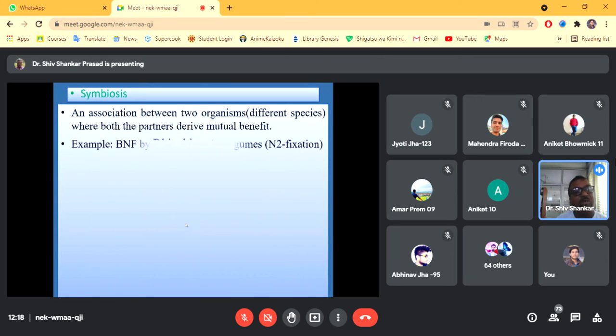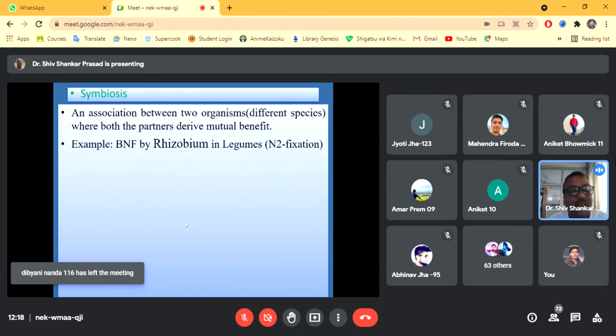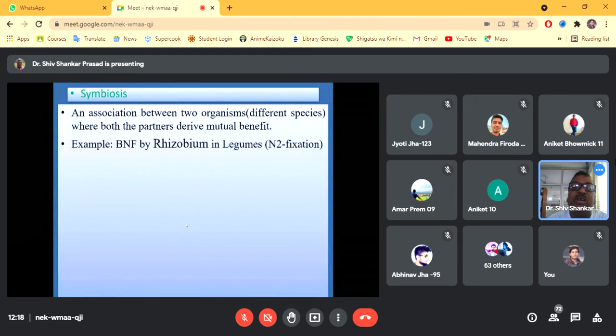Like in the case of biological nitrogen fixation, rhizobium in legumes, rhizobium survive in soil, but they do not fix nitrogen without their symbiotic relationship with legumes. In the same way, legumes can survive and grow well in the soil, but they cannot fix nitrogen without rhizobium.